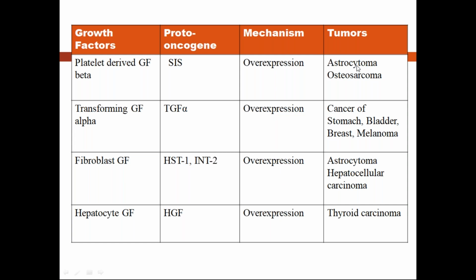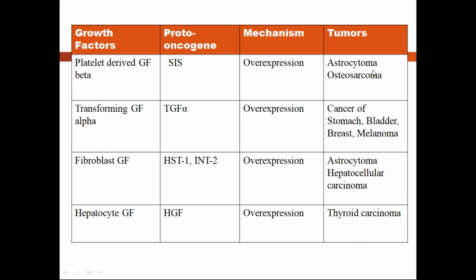Whichever comes first, you can remember that, because that is the commonest, and they usually keep the commonest first. If you remember that, that's enough. Next example, transforming growth factor alpha: cancer of the stomach, bladder, breast and melanoma. You can remember cancer of the stomach. And fibroblastic growth factor: you can remember hepatocellular carcinoma.